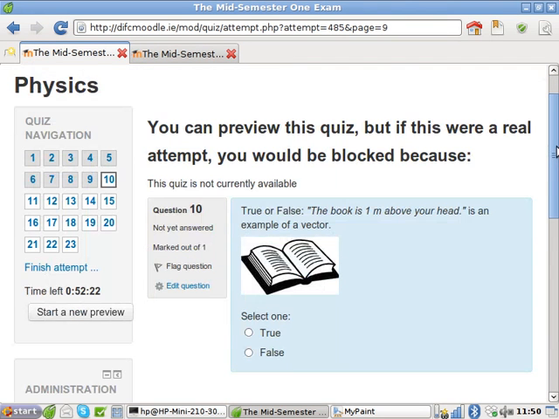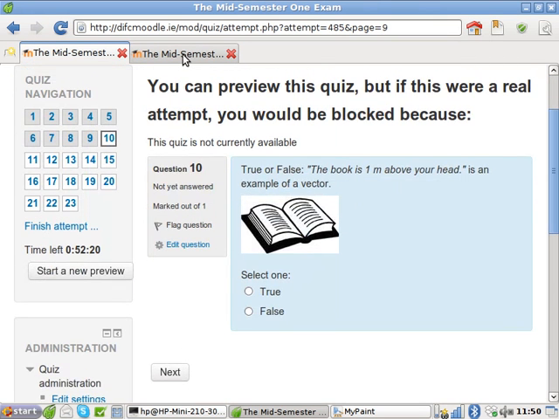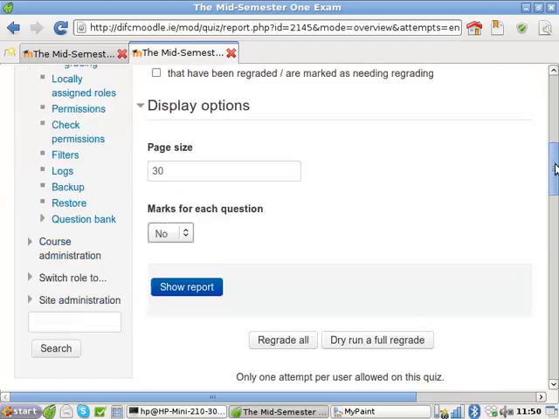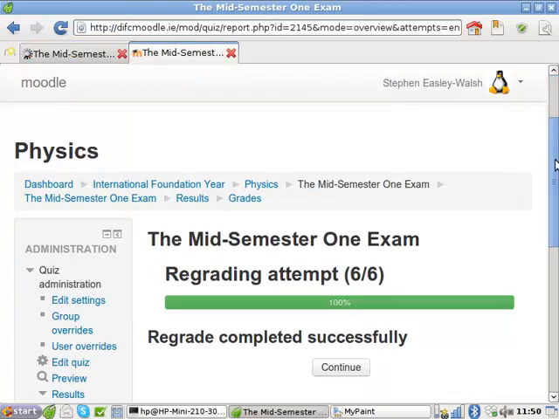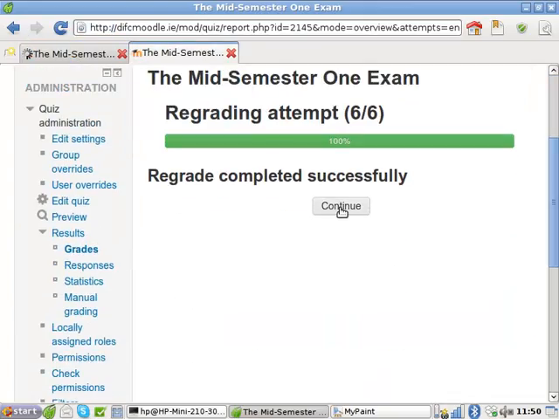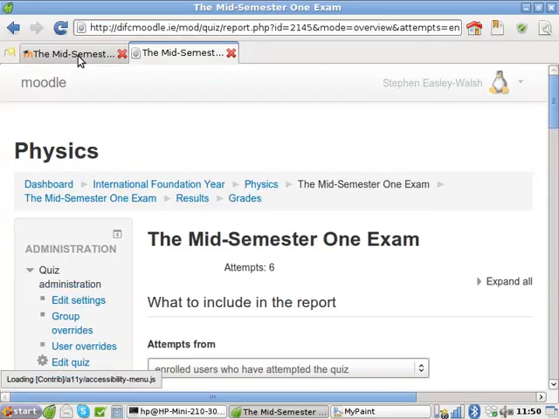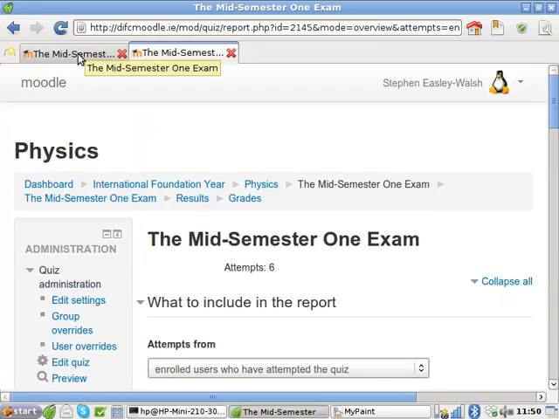I thought everybody would get this right, but no. So, the book is 1 meter above your head. Is that a vector? Yes. True. Why? Somebody tell me, please. There's a difference, and there's a what in direction? Not quite the right word.